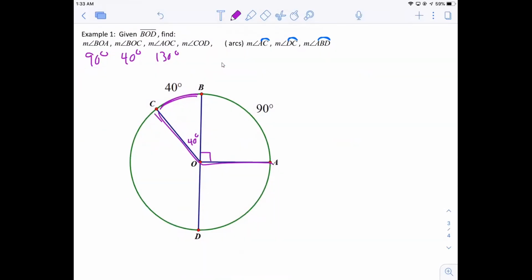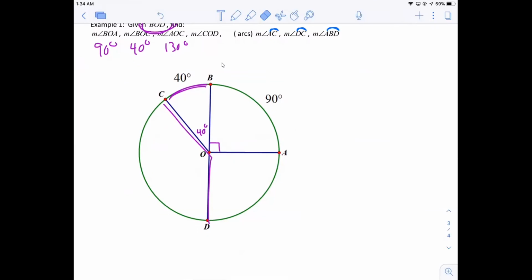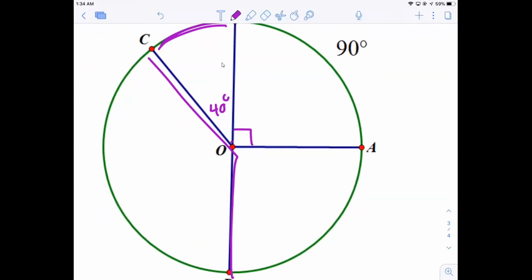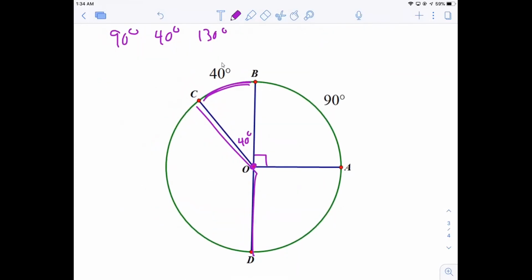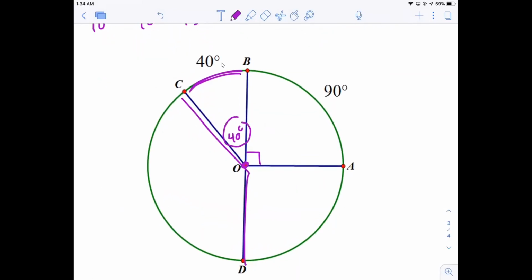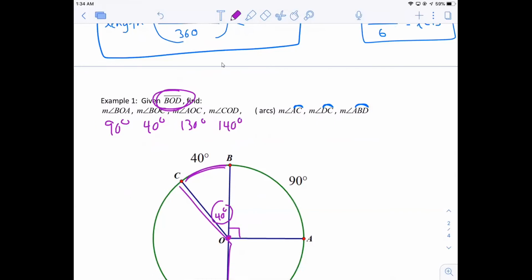And COD, well, they told us BOD was a straight line. That means BOD is a diameter because it passes through the center of the circle. So COD is, this is a straight angle, so that's 180 total. So that will be 140 degrees, 180 minus 40.